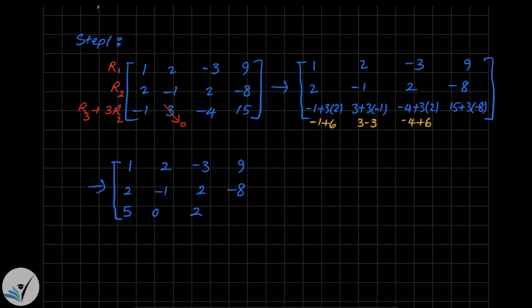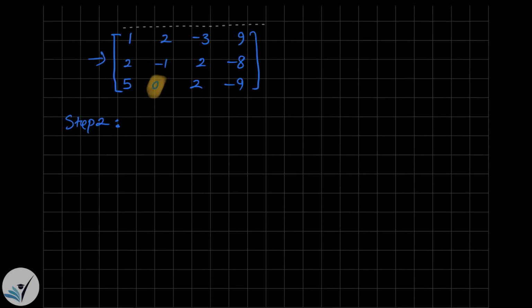And finally, we have 15 minus 24, -9. So far, so good, because we wanted to transform this element to 0, and we already did it. Let's move on to the next step.